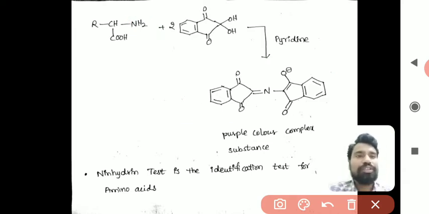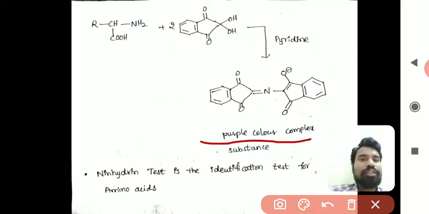So this is in purple color, right? This ninhydrin test is used for the identification of amino acids. Meaning if a compound forms a purple color with ninhydrin, we may conclude that the given compound would be an amino acid.